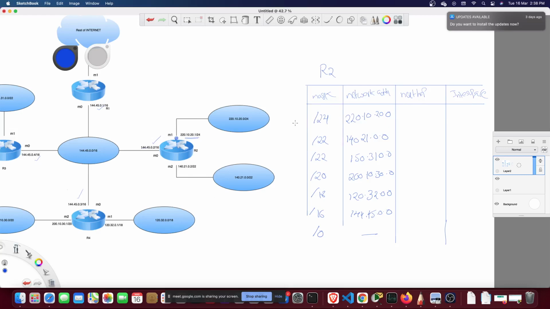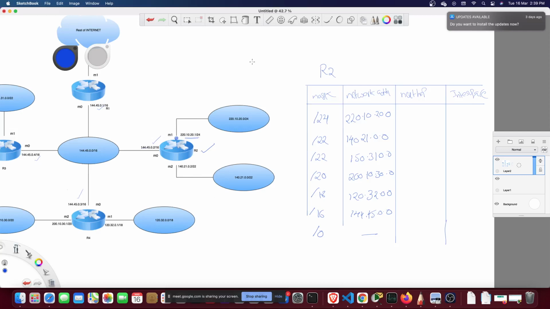Let's say that if it is 24, what is the next hop here? Router R2. For this one we are writing, what is the next hop? Read it this way: destination address. We will discuss soon how a router checks a packet given the destination address.